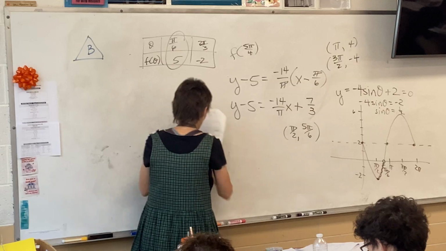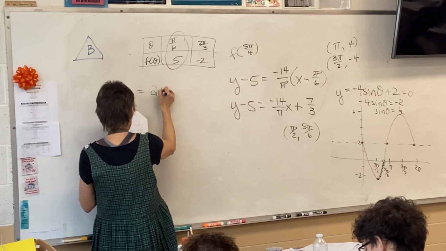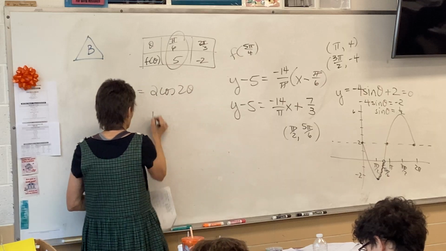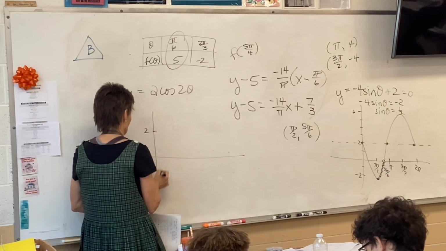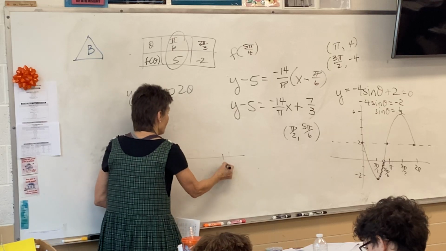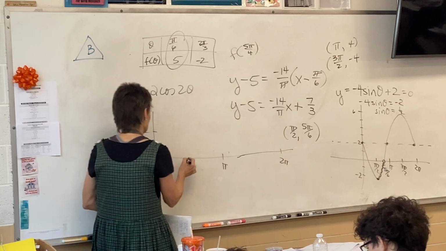Number 4 says do the same thing, but do it for the equation 2 cosine 2 theta. So 2 cosine 2 theta. We'll have a period of pi. Might have to go farther than that.